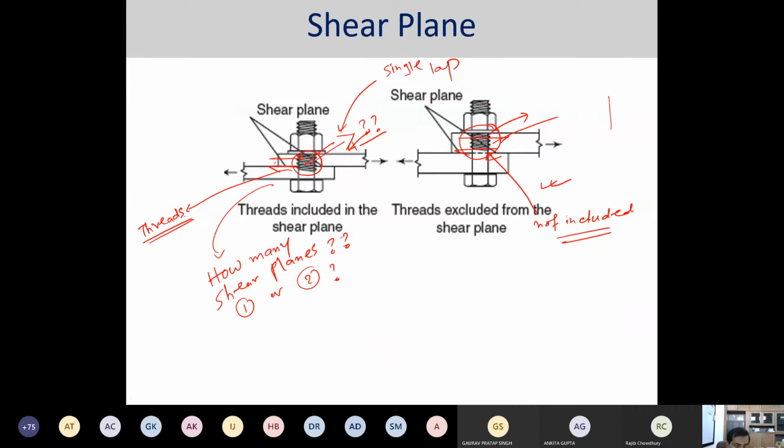So we ended up with the shear plane behavior, whether the shear plane is to be included in the failure mechanism or the design or not. We also discussed how many failure planes are to be accommodated in your design protocol and other related issues.